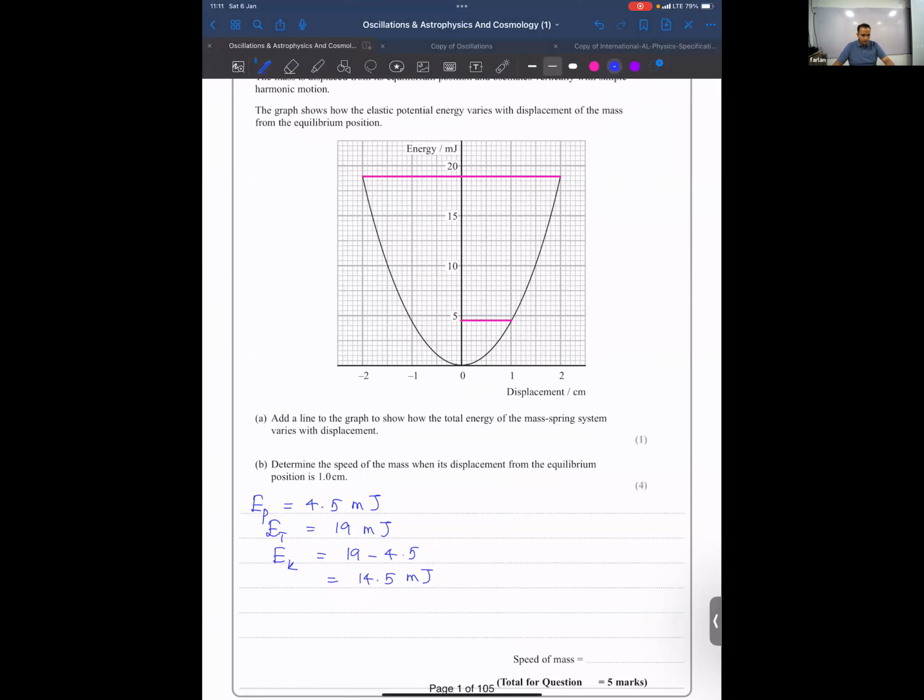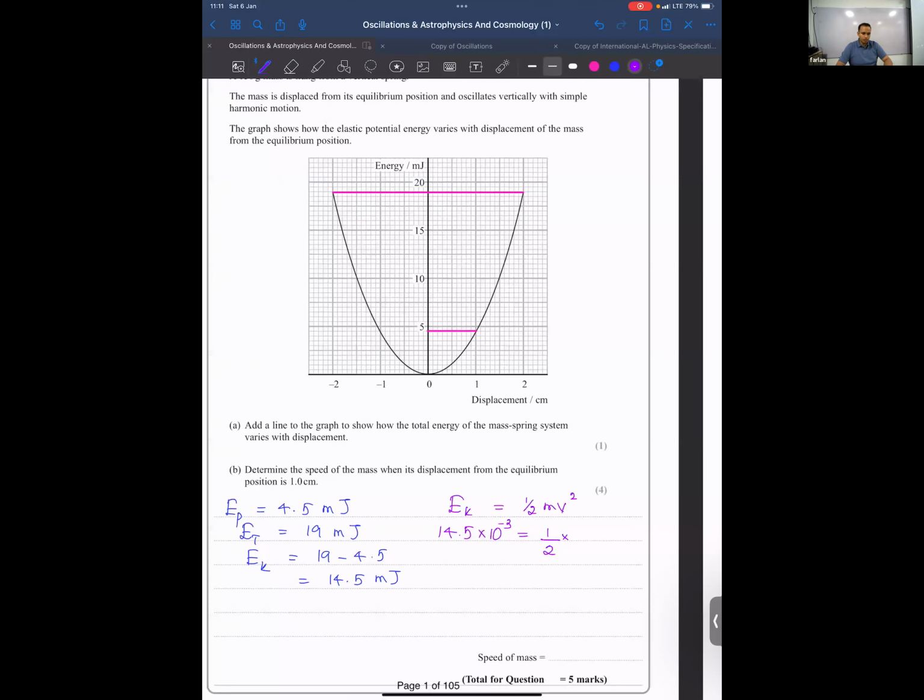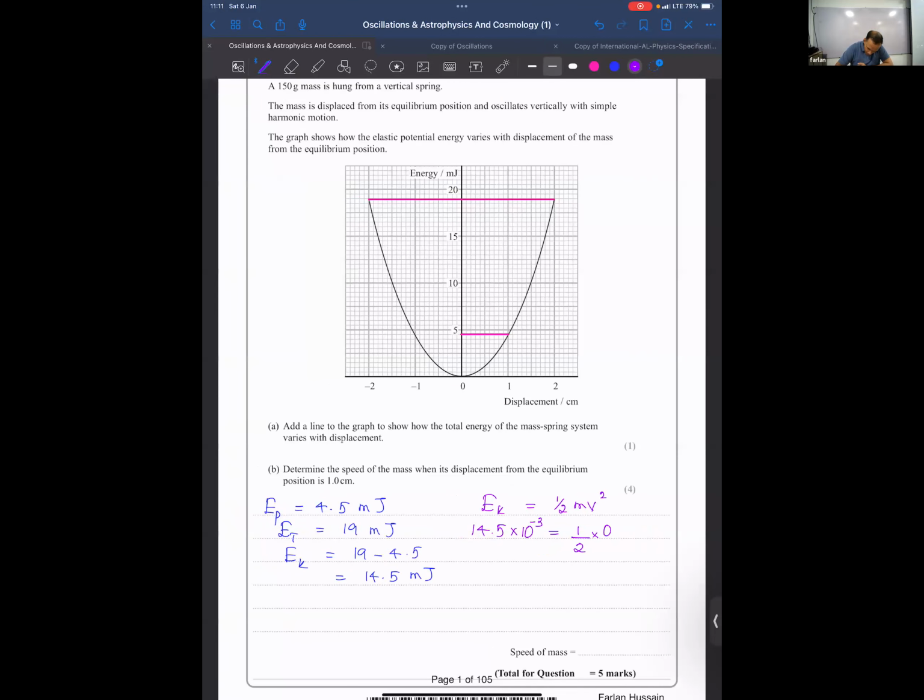So you know the kinetic energy, so you can use EK equals half mv squared. EK equals 14.5 into 10 to the power minus 3 to convert millijoules to joules, equals half into mass, which is 150 grams, that is 0.15 kilograms, into v squared. From there you get the v.